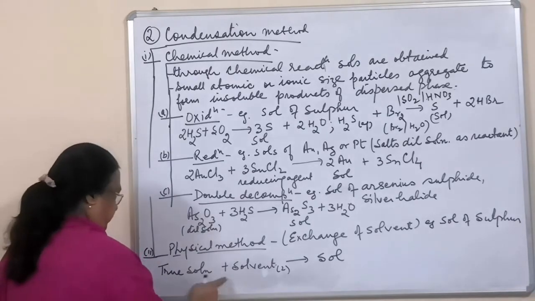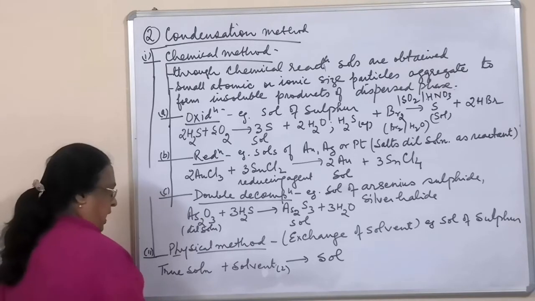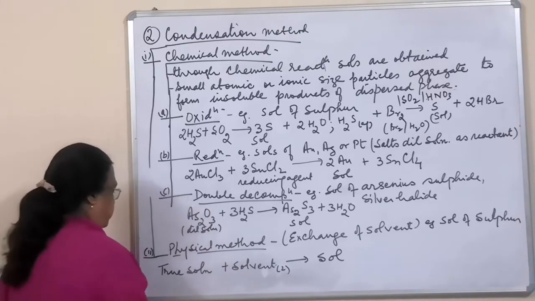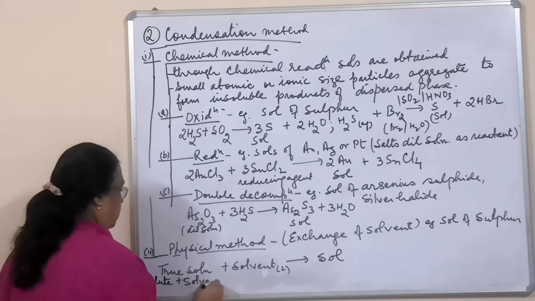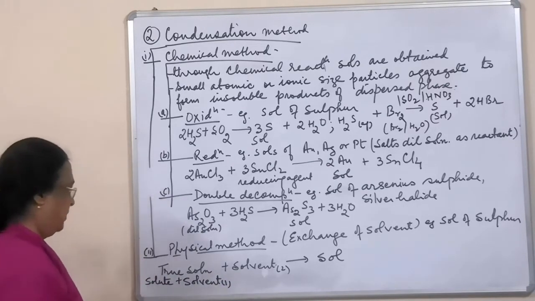So a true solution of any substance is used, and in that we are adding another solvent. Suppose this true solution is what you have, a solute dissolved in a solvent. So let this solvent be the one which is present in the true solution.